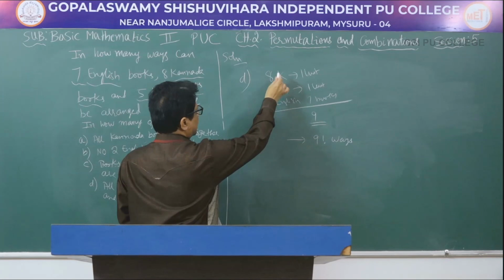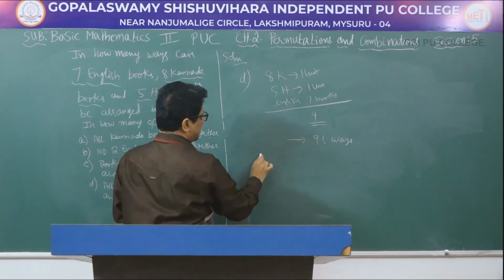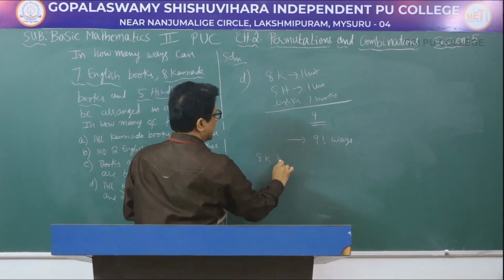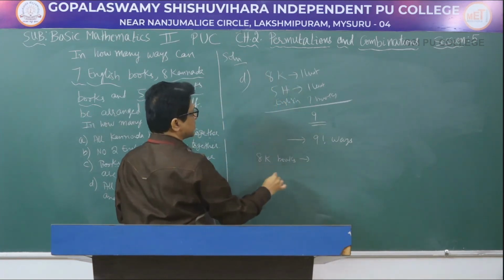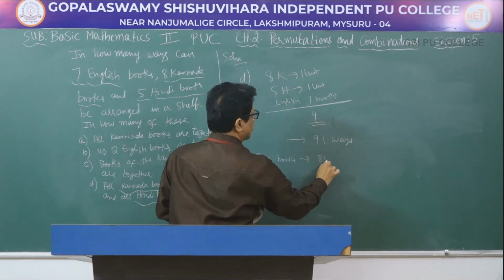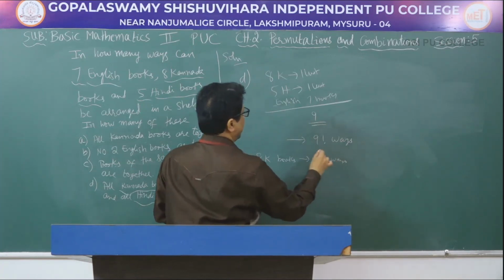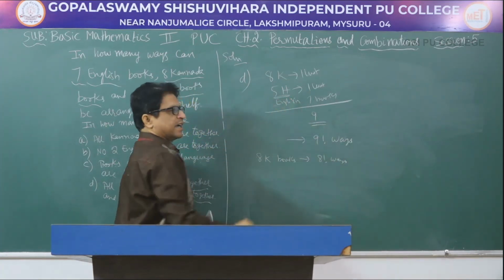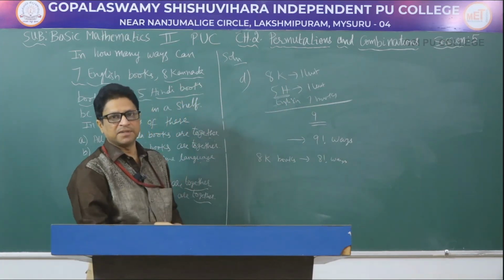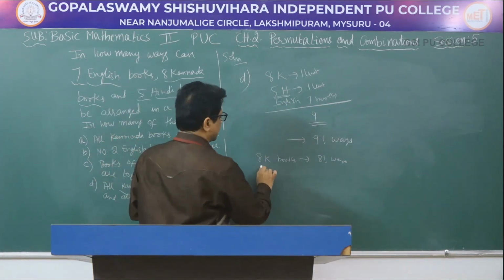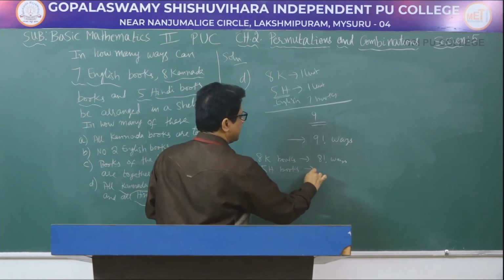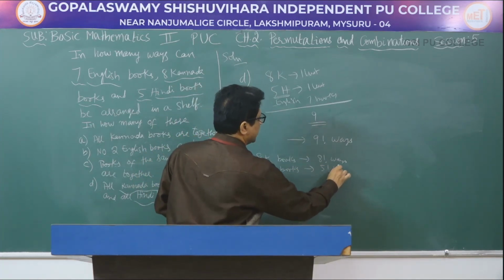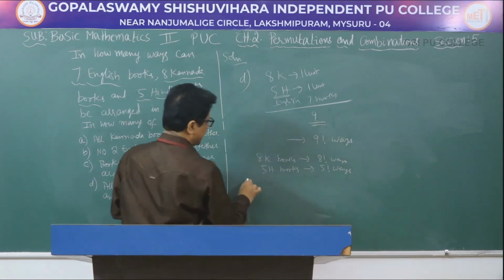8 Kannada books can be arranged among themselves in 8 factorial ways. And 5 Hindi books can be arranged among themselves in 5 factorial ways.